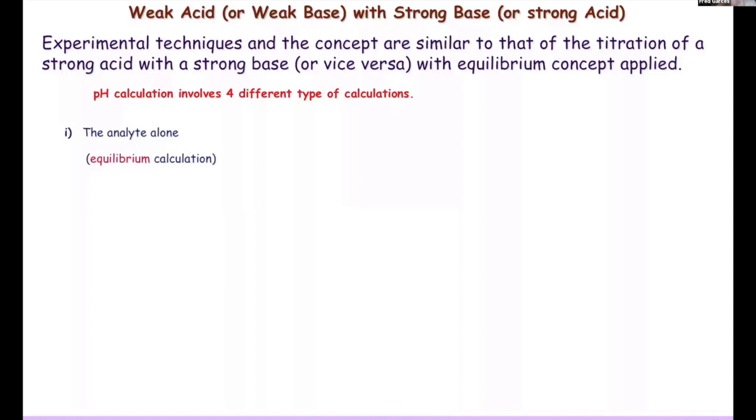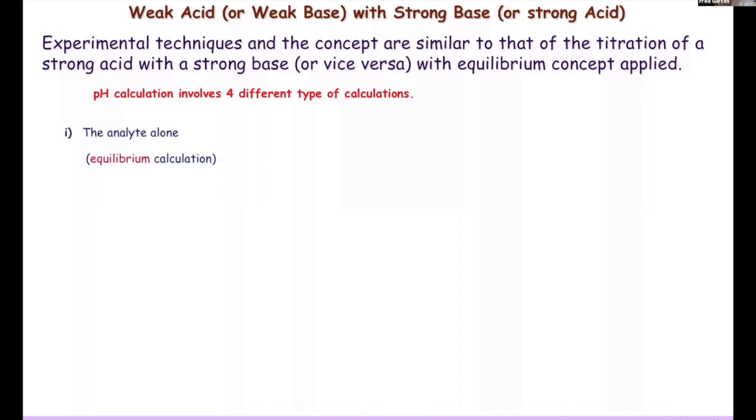Anyway, there are 4 types of calculation, and you know how to do all 4 types. Okay, and so let me just introduce it to you here, and then I'll show you where each of that strategy applies in the titration curve. So you imagine an analyte. It could be hypochlorous acid, it could be hydrofluoric acid, it could be acetic acid, it could be carbonic acid, but it's going to be a weak acid, and you're titrating it against sodium hydroxide.